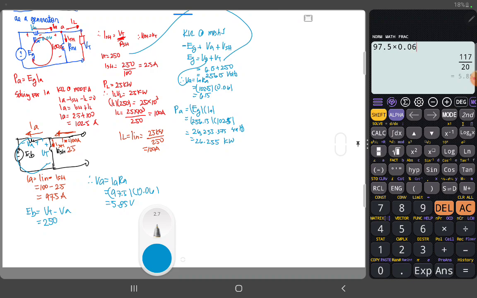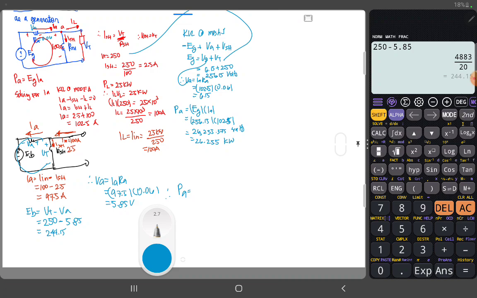So 250 minus 5.85, your EB will be equal to 244.15 volts.